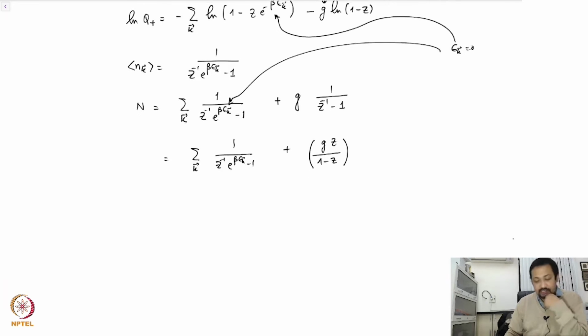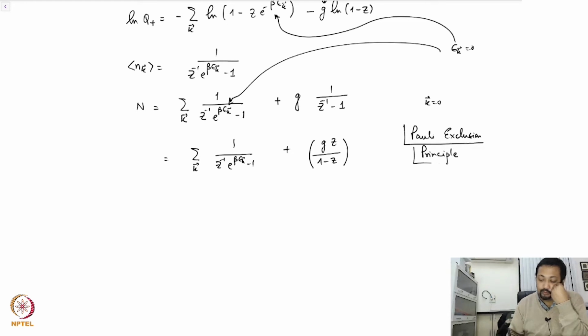Now the question is, why do we want to treat the zero momentum state specially? We didn't do it for a fermionic system. For a fermionic system, we were saved by the Pauli exclusion principle. I'll explain why we have to do it here.